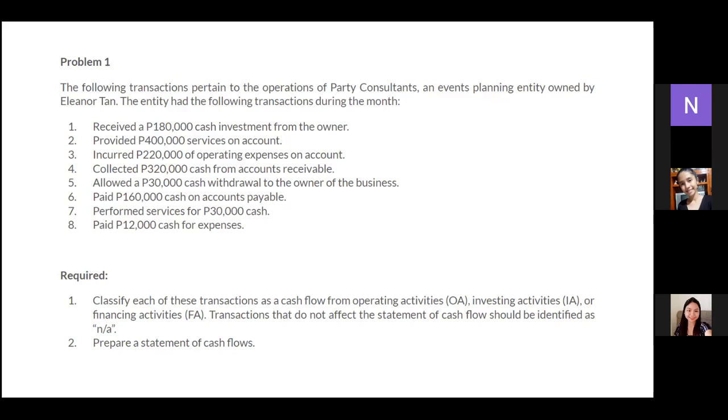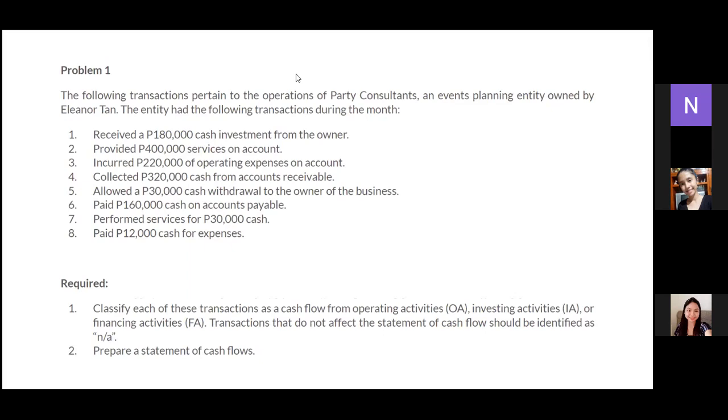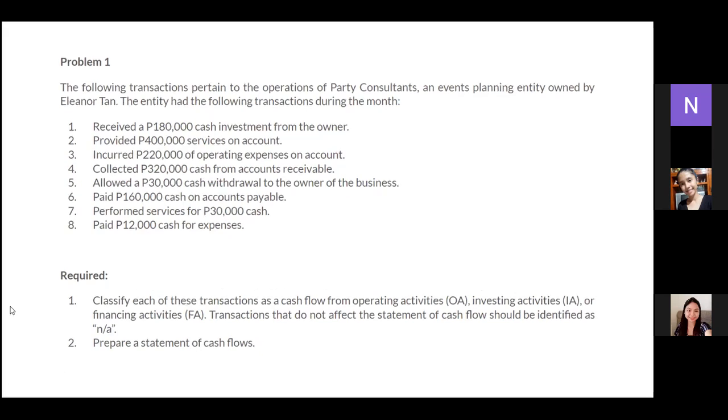For transaction 3, anyone? Operating activities. No, it's not operating activities.